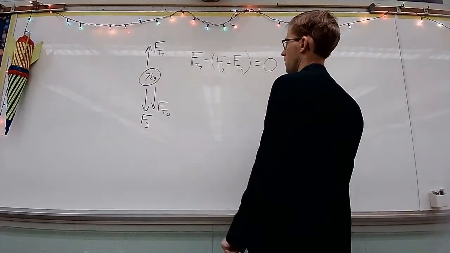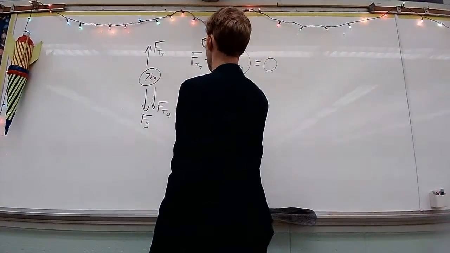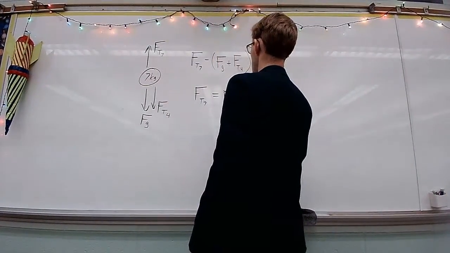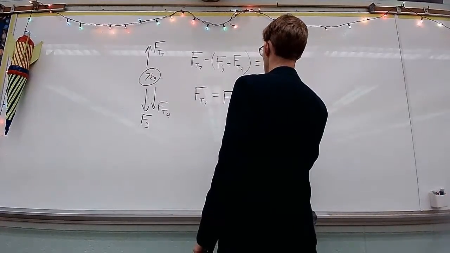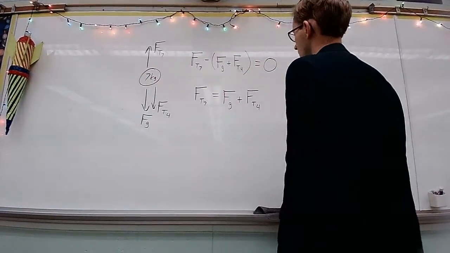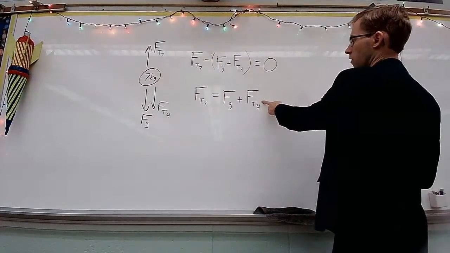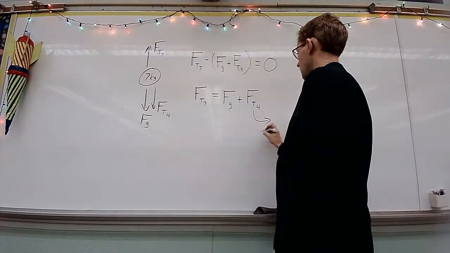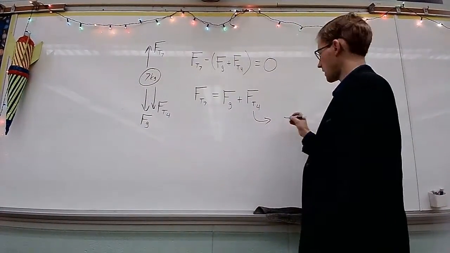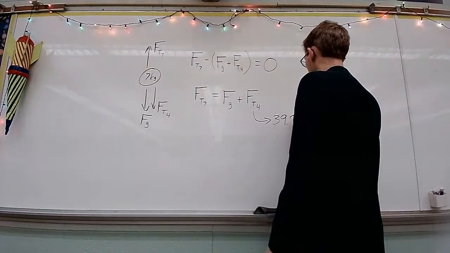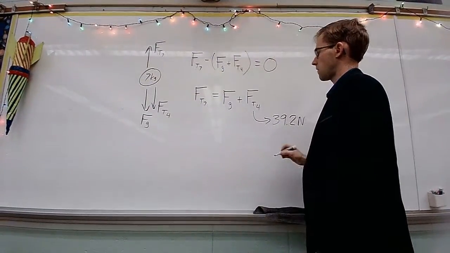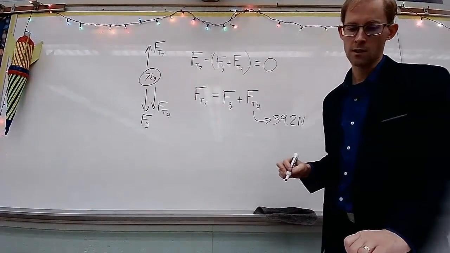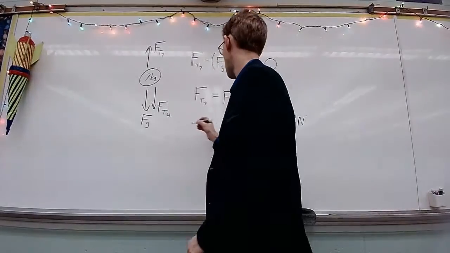So in order to solve for the tension force, we got to put both of those 2 things on the other side. Gravity plus tension 4. And we already know what tension 4 is. We calculated that, the last thing I mentioned. So tension 4 was 39.2. And force of gravity is just mass times 9.8. And so our mass here is 7.